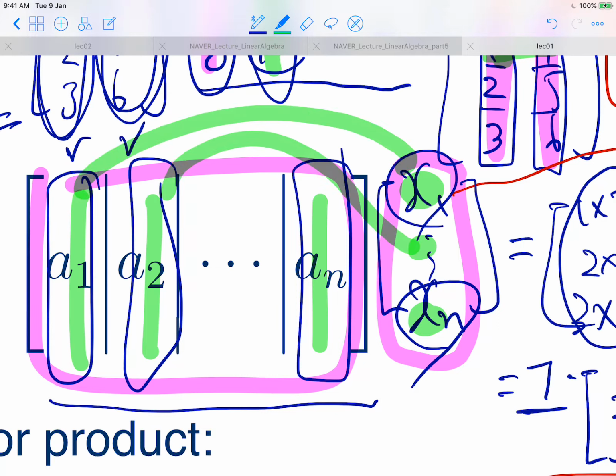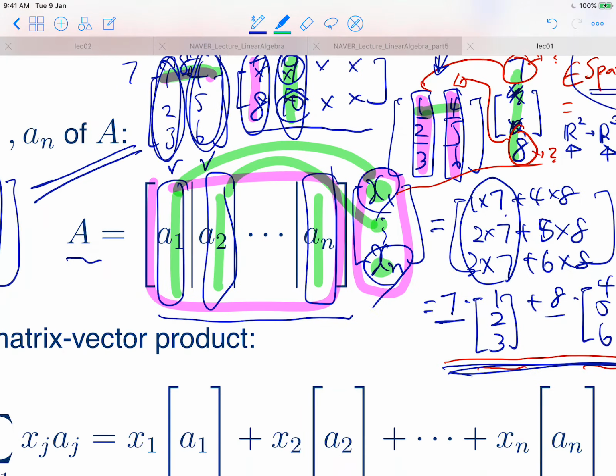That way we view it as a column combination where the columns are provided by the left matrix and the linear combination weights are provided by the right vector.